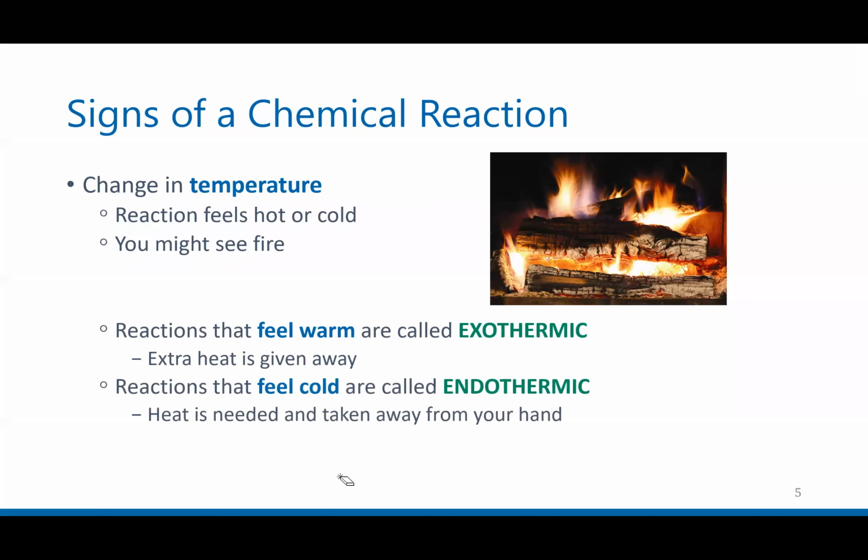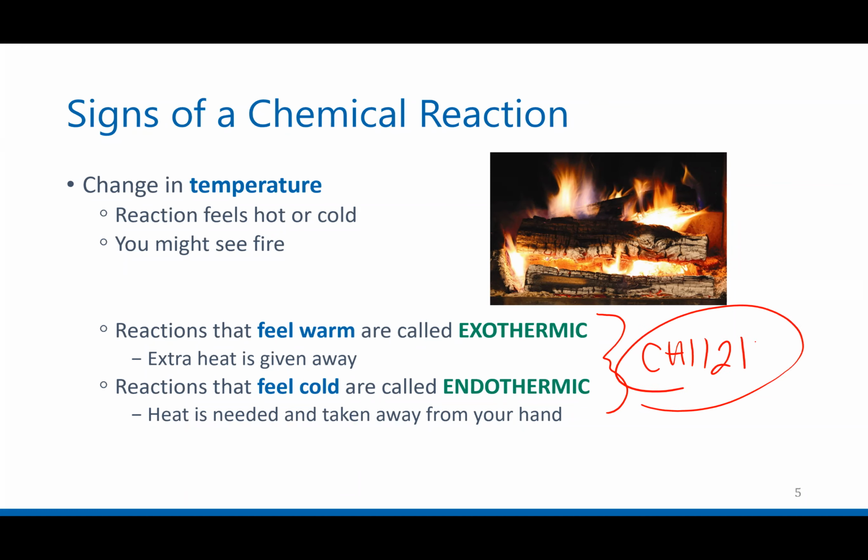The first way is a change in temperature. So burning a candle, burning a log. Sometimes when you mix two chemicals together, they can feel very hot or very cold. A change in temperature typically means that a chemical reaction happened. You will look at these two terms in chemistry 1121. You don't need to know them, and if you're not doing any more chemistries, don't worry about it. But if you get to chemistry 1121, we do a whole chapter on this.